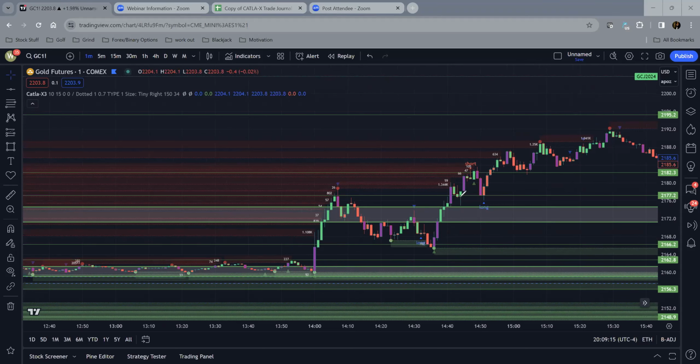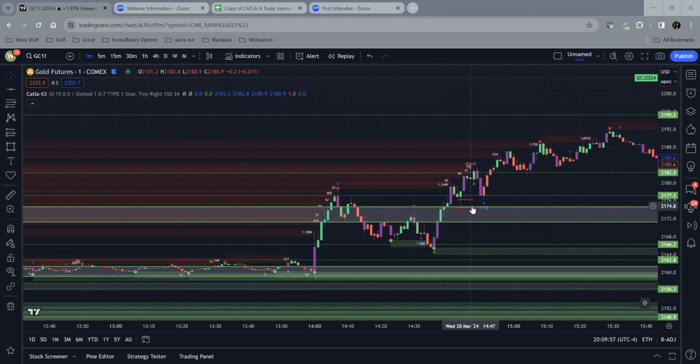All right. If trader number one entered at 2176, where would the true stop loss be for this particular trade? Yeah, below the FU at roughly 2174.8.